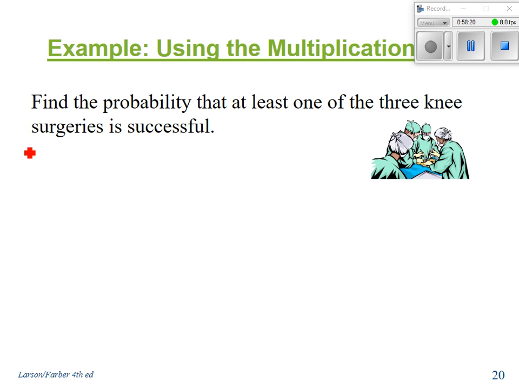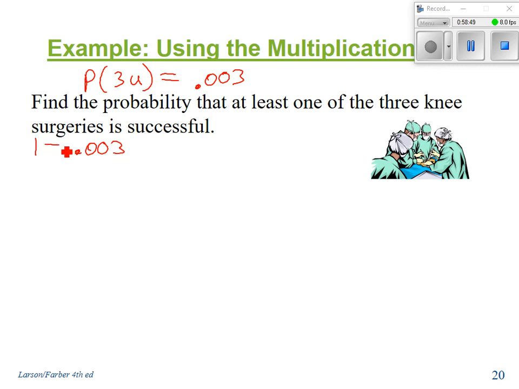Now, an easier way to do this, because we haven't talked about the addition rule yet: what did we just find? The probability that all three were unsuccessful was 0.003. Well, if all three are unsuccessful, the complement of that, everything else, would be that one or more were successful. So what could we do with that 0.003?